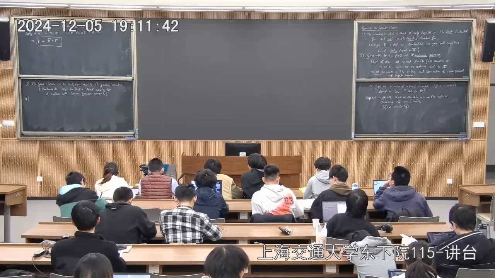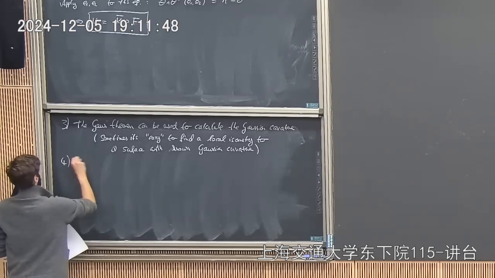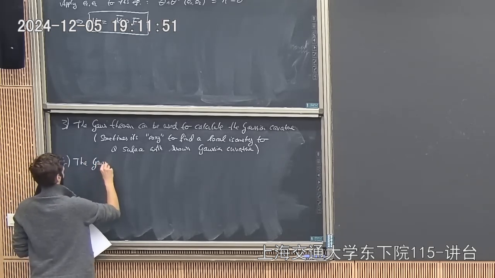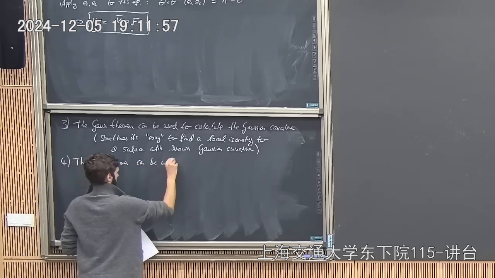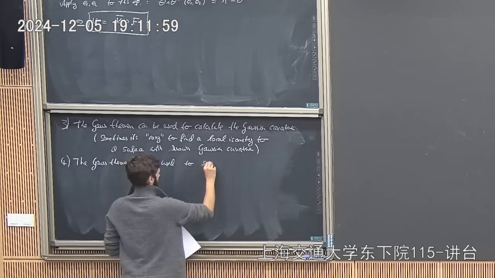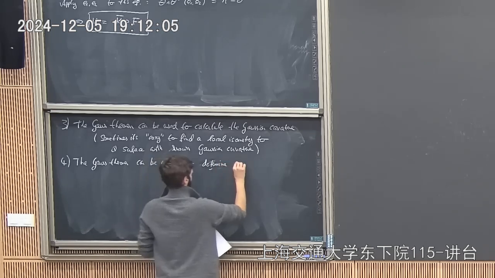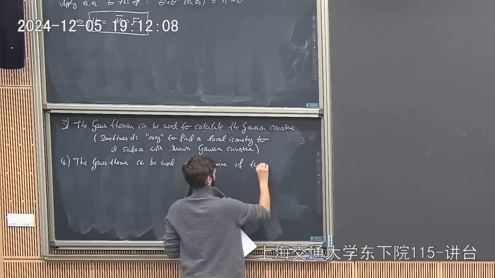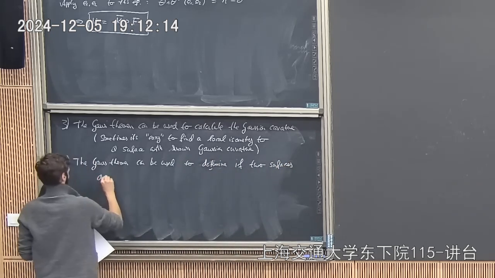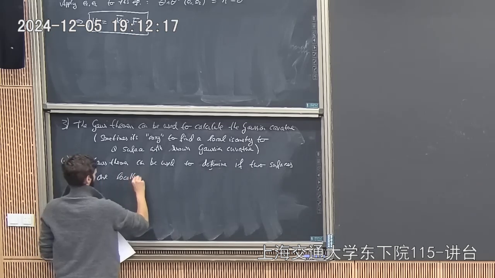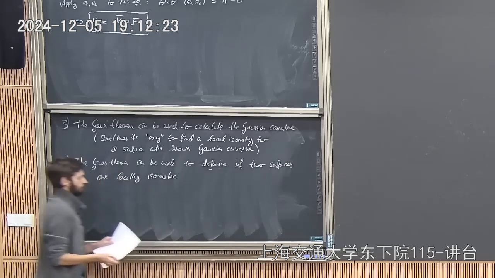In a different, opposite way, the Gauss theorem can also be used to determine if two surfaces are locally isometric, which is actually not that easy.